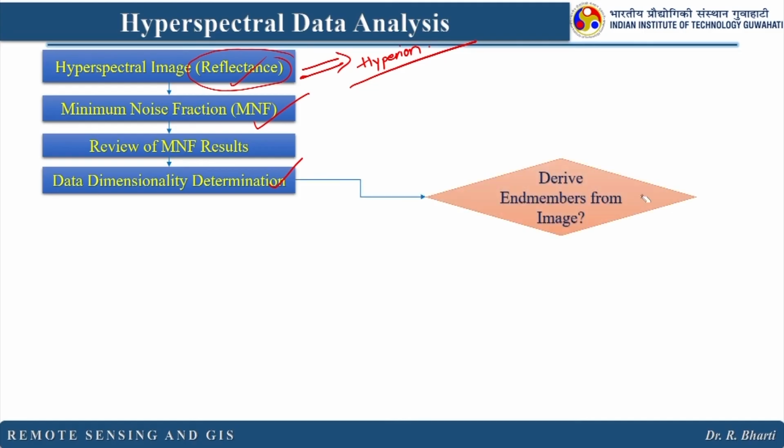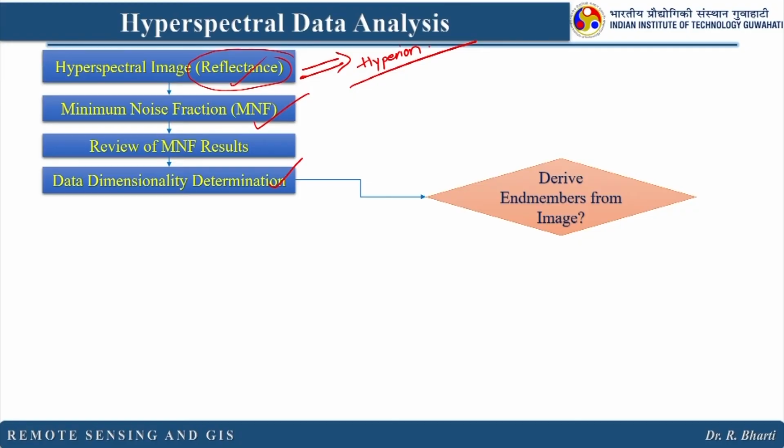So after data dimensionality reduction, we identify the end members from the image, right. As I told you, end members are the pure pixels available within that image and they are unique or pure in nature. So they will be considered as library or reference spectra, and subsequently they will be deconvolved and analyzed in terms of library spectra, right.